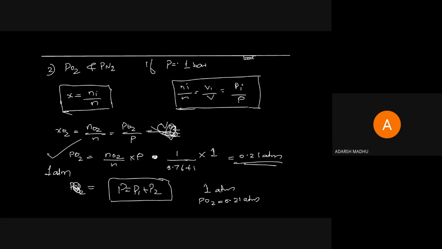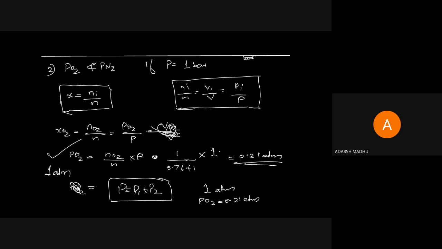Or by using the same method that we used to find PO2, you will get the same answer: 3.76 by (3.76 plus 1) into 1. We will get the same answer, 0.79. Or we can use P equal to P1 plus P2, as partial pressure says: the total pressure of the mixture is the summation of the pressures of the individual constituents present in it.